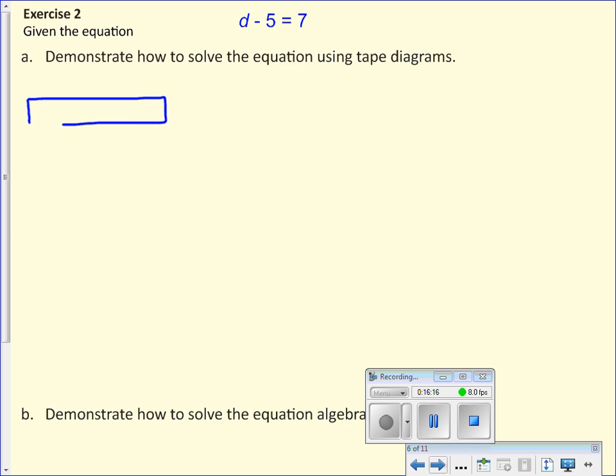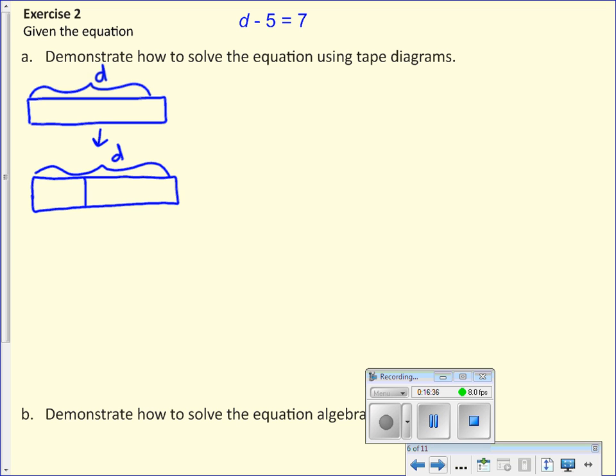The full quantity that I have is D. That's what I have. I have D. Please write this. So now for my next step, if this whole thing is D, so D minus 5.